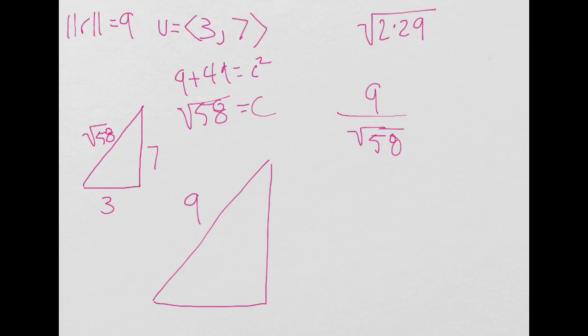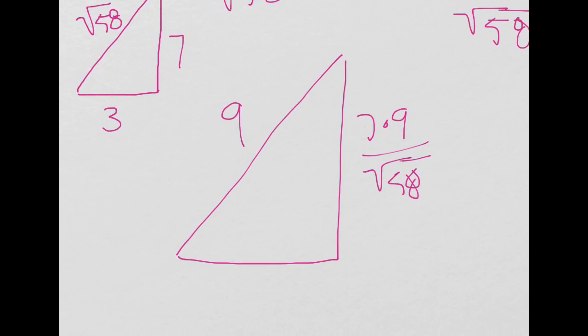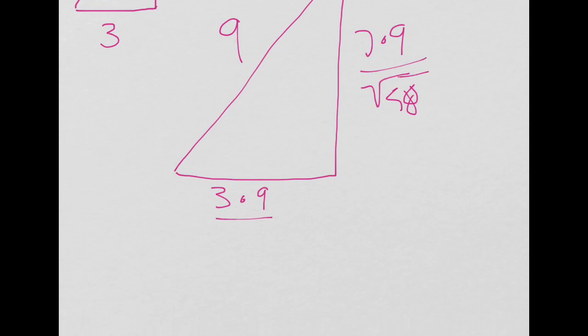So let's do that. I'm going to get 7 times 9 over the square root of 58, and I'm going to get 3 times 9 over the square root of 58.